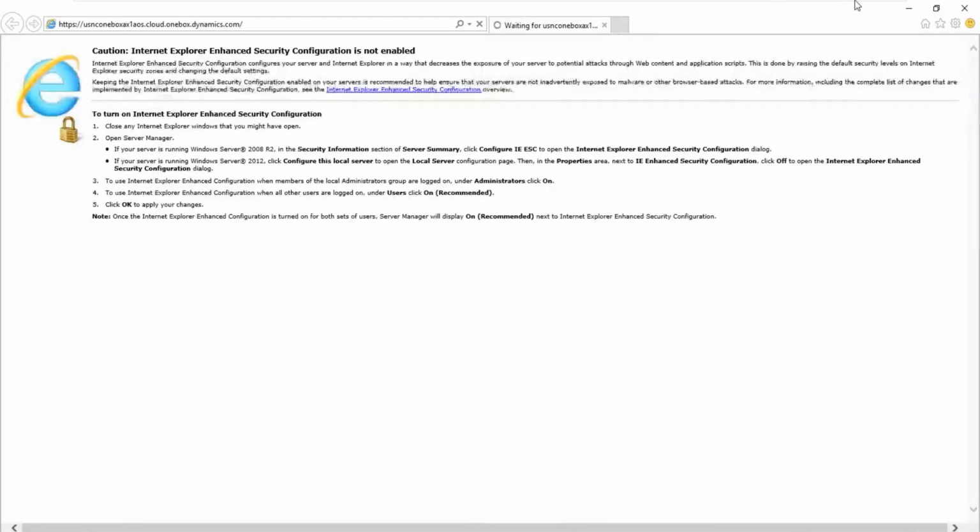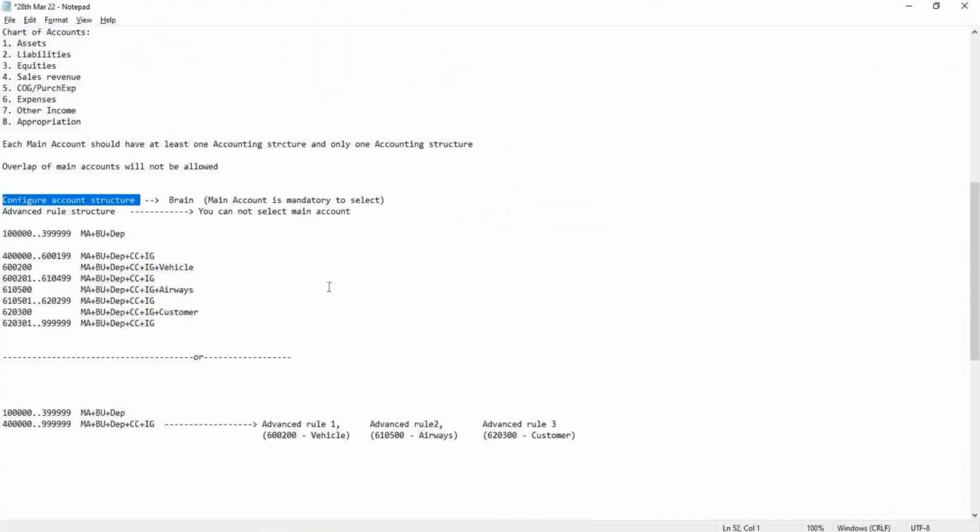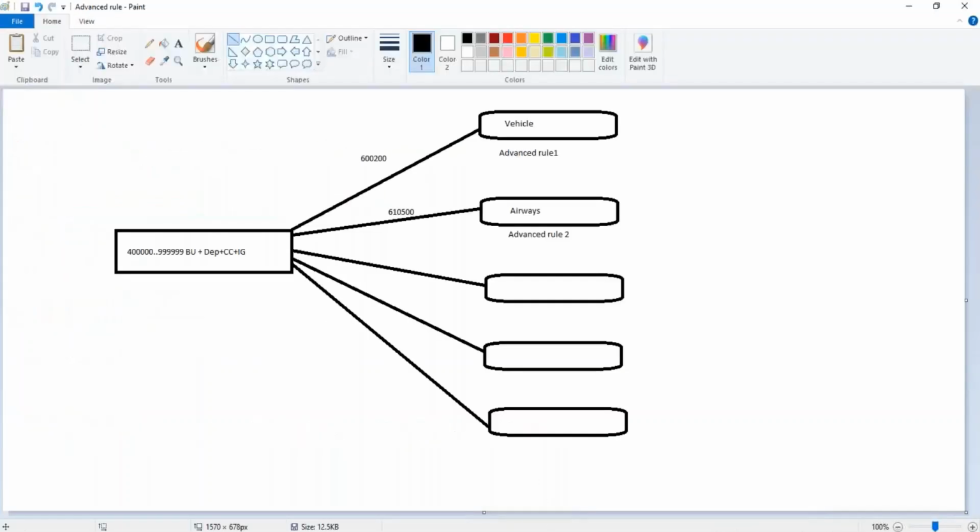Okay. So remember, accounting structure: without main account, you cannot activate. In the advanced rule, you cannot select it at all. That is the major difference between these two. And you are connecting to the accounting structure.